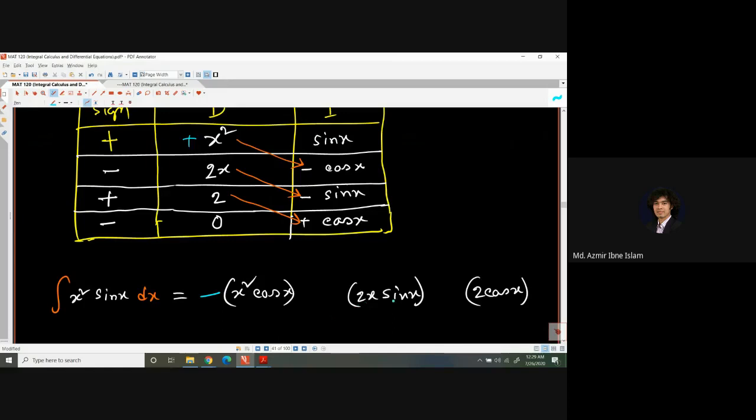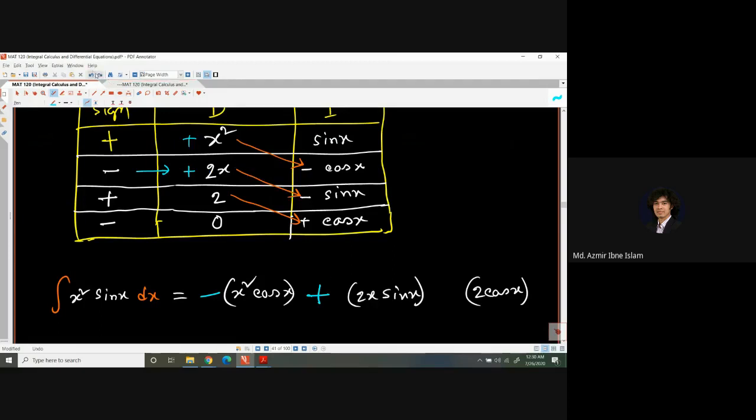For the second term, 2x sine x, we have negative, then positive, then negative, negative negative becomes positive. That means negative, positive, negative, negative negative positive.